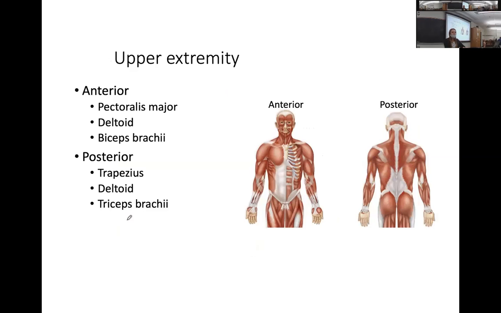Here's the muscles of our upper extremities. Anterior, meaning the front of, and posterior, meaning the back. So you can see that as an example there on the picture. Your anterior has your pectoralis major, your deltoids, and your biceps brachii. Your posterior behind has your trapezius, your other part of your deltoid, and your triceps brachii.